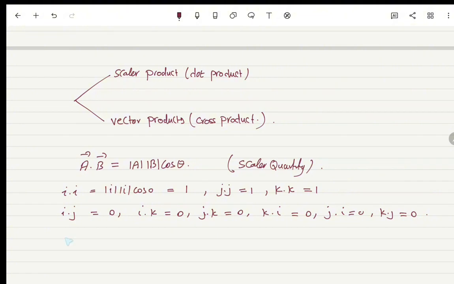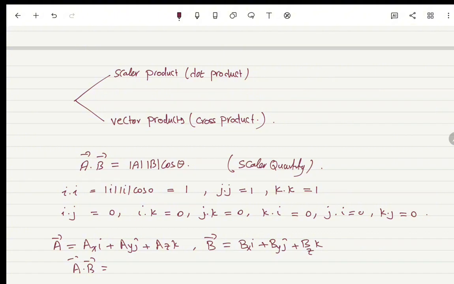So if we have two vectors, A for instance, equal to AX i plus AY j plus AZ k, and vector B equal to BX i plus BY j plus BZ k, and A dot B, in this case we should have 9 components, but out of 9, only 3 components have magnitudes, which are i with i, j with j, k with k, and the other 6 components give us zeros.